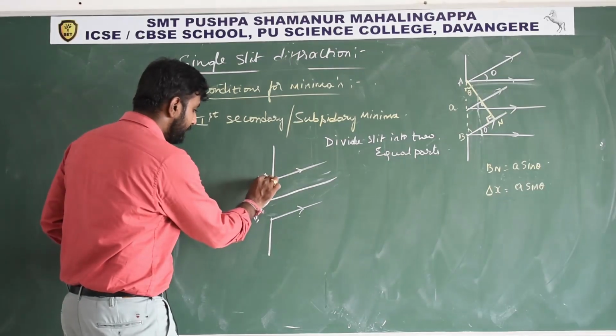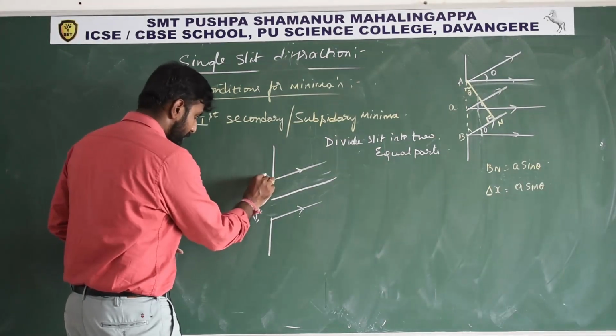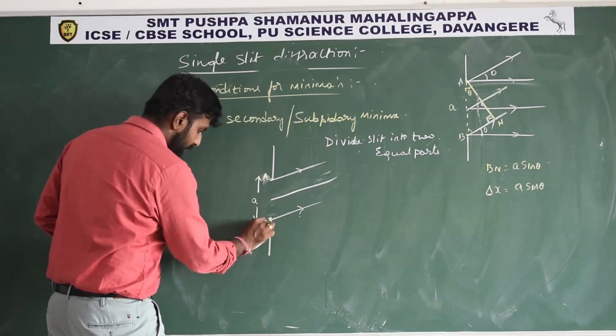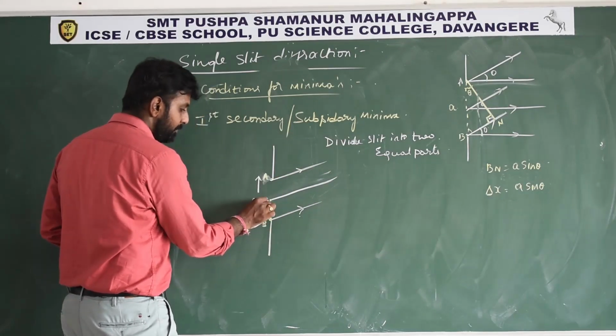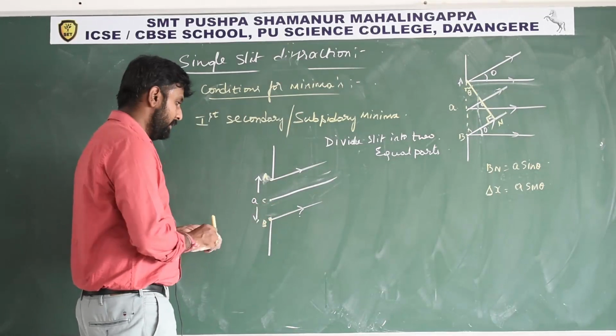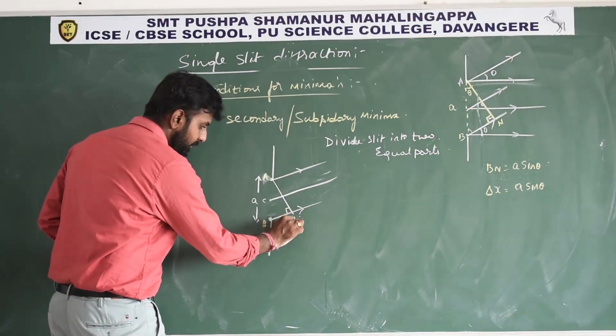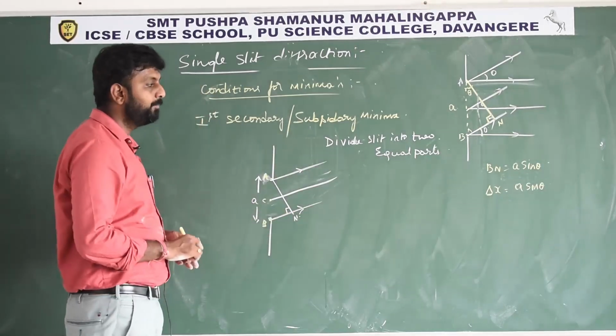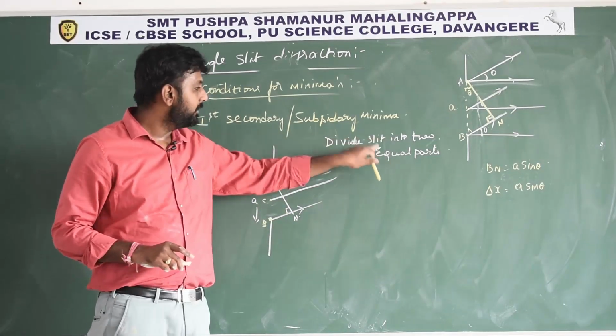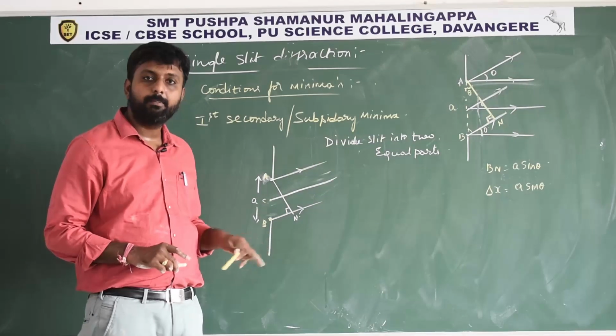So this point is A, this point we have taken as B, let us take this point as C, and this is the path difference, that is B to N. So divide the slit into two equal parts.